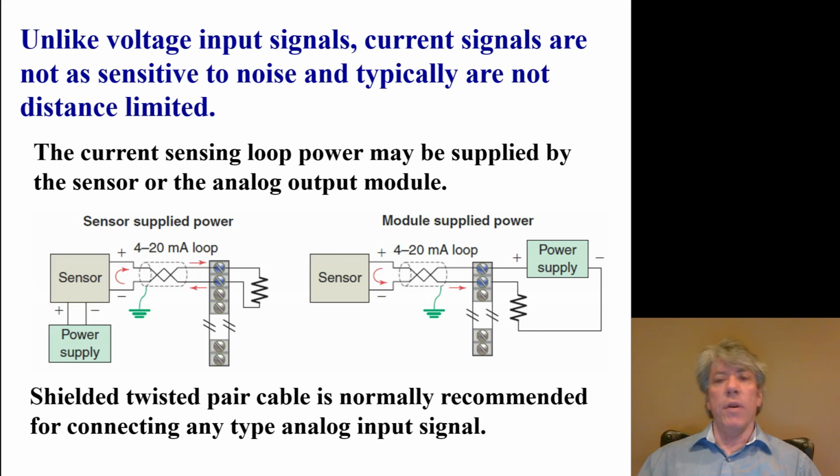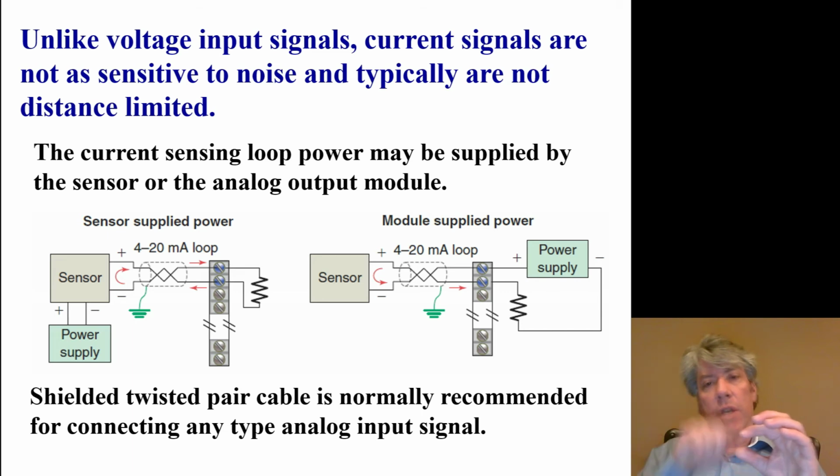So if you use a current signal, the sensor either has a power supply or the module itself provides power, but in any case, the sensor supplies a 4 to 20 milliamp signal back to the PLC. It has internal circuitry that detects how much current is flowing.